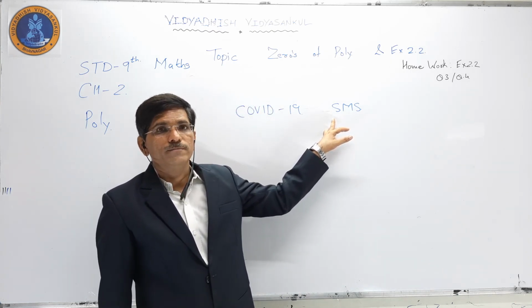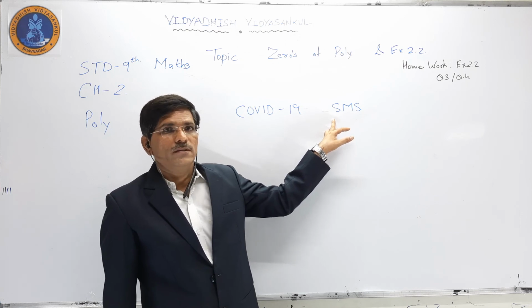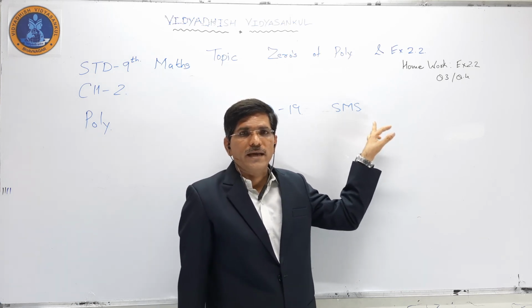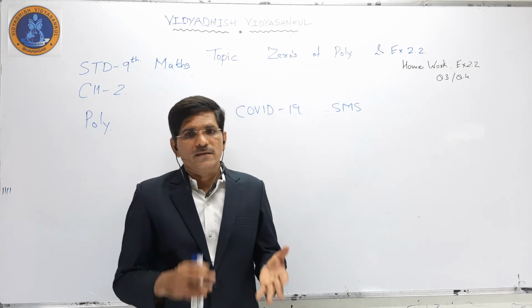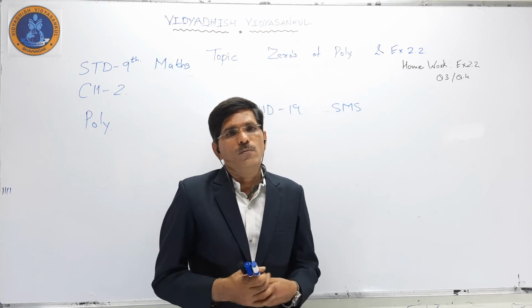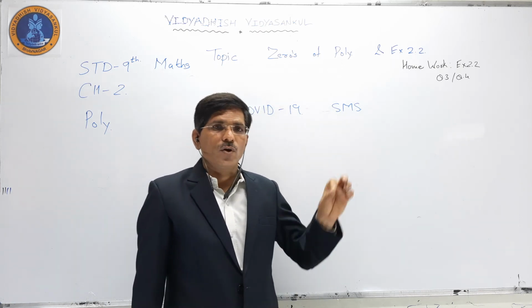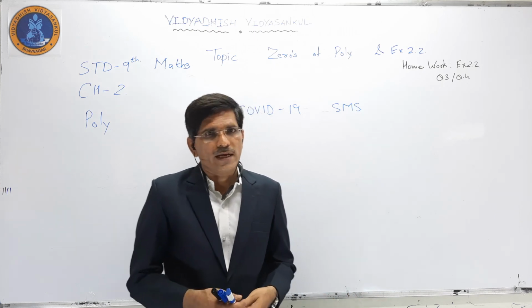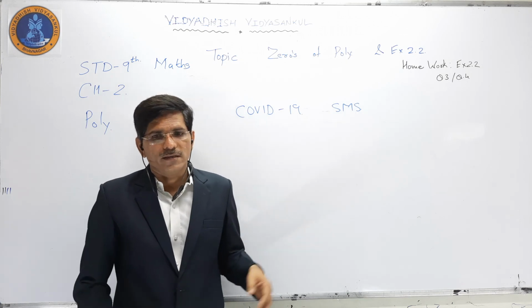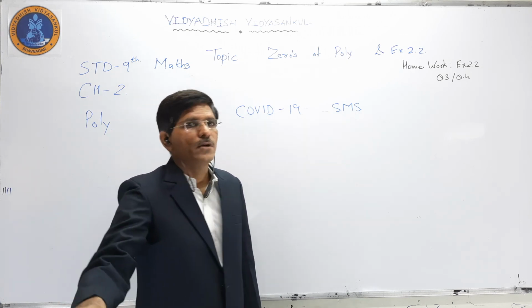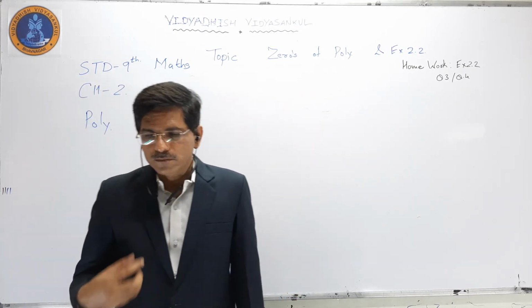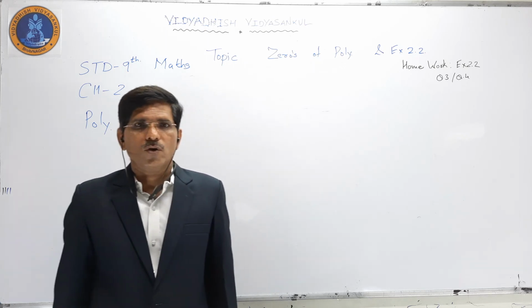What does S mean? S means sanitize, M means mask, and S means social distance. Always sanitize your hands when you go outside and when you come home. Always wear the mask when you go outside, and always use social distance. If we follow these three rules, it is not possible that we get COVID-19.